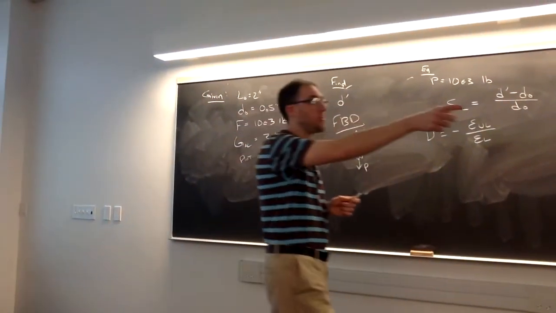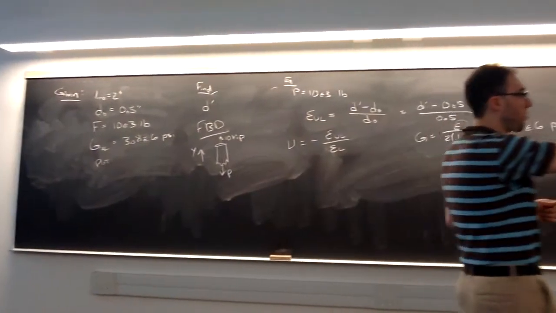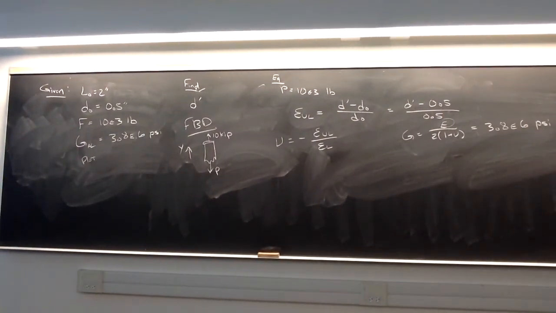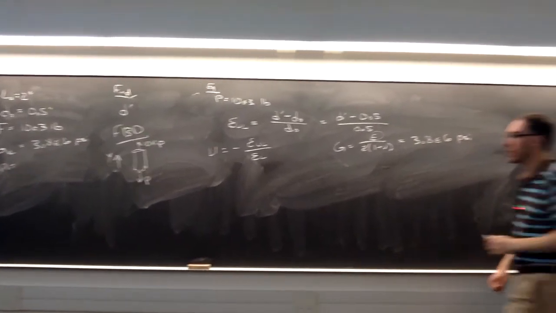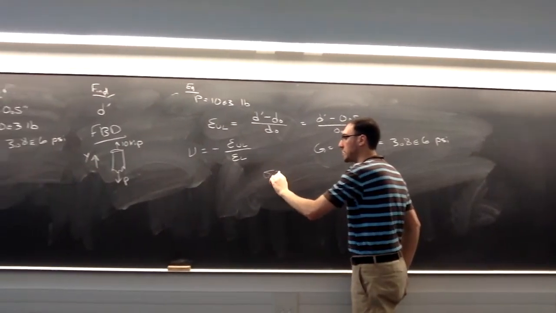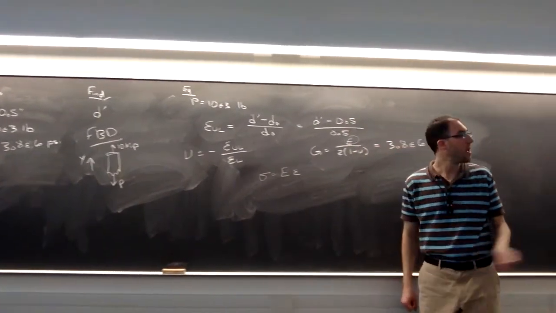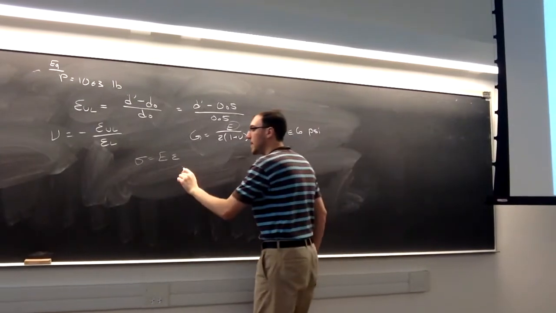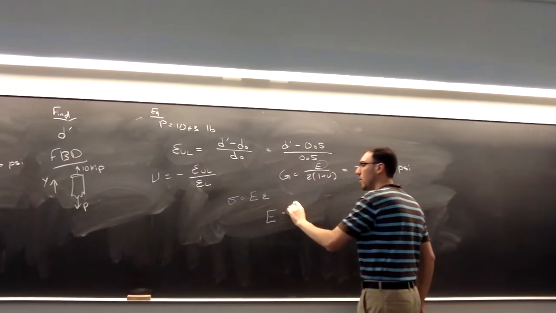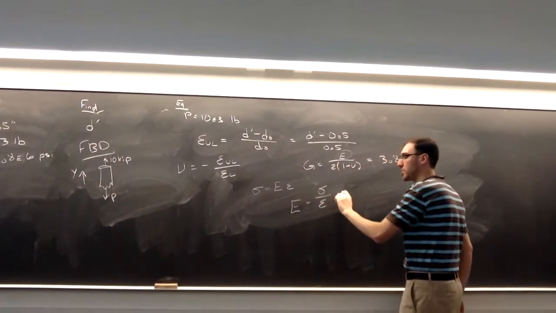Right, that experimental plot, they tell us the location of the proportional limit, and we know that in this section we can use the relationship that the normal stress is the Young's modulus times the normal strain. Based on the experimental plot, that means the Young's modulus will be the normal stress over the normal strain.